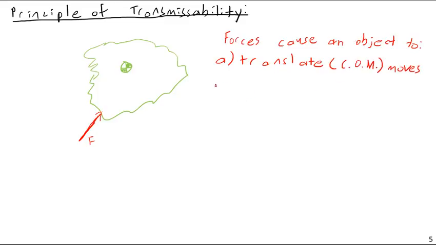That's how I would define translation, at least physics translation, not language translation. The center of mass moves. So they cause an object to translate, and they also cause an object to rotate, which is movement about the center of mass. So rotation about the center of mass.